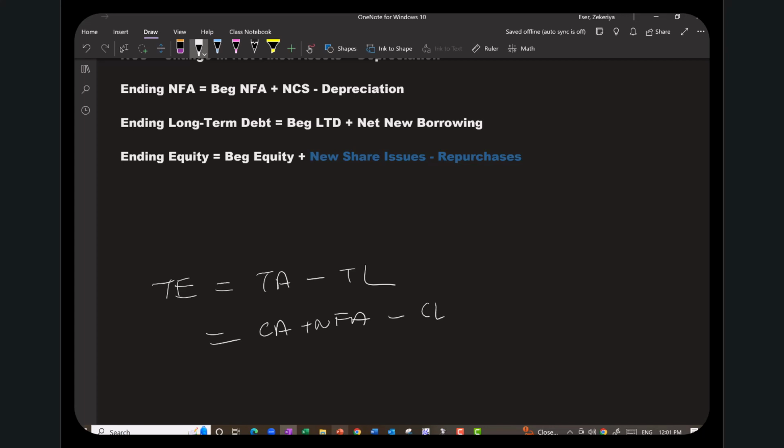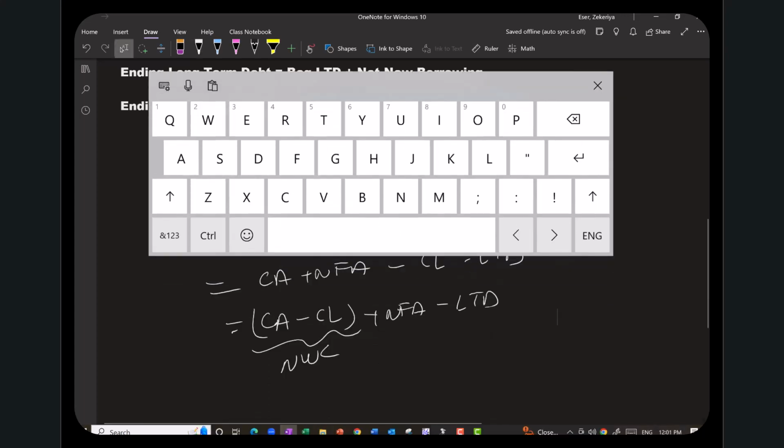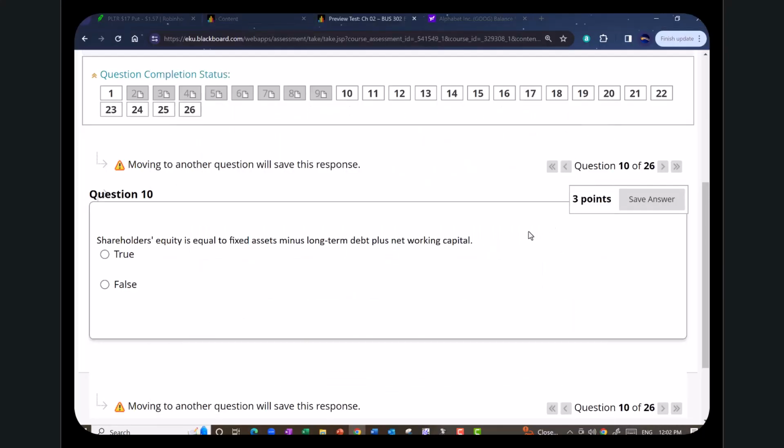Total liabilities are current liabilities minus long-term debt. Group these together. And recognize that net working capital. So shareholders' equity is net working capital plus net fixed assets minus what you want to call long-term debt. Is that what the statement says? Yep.